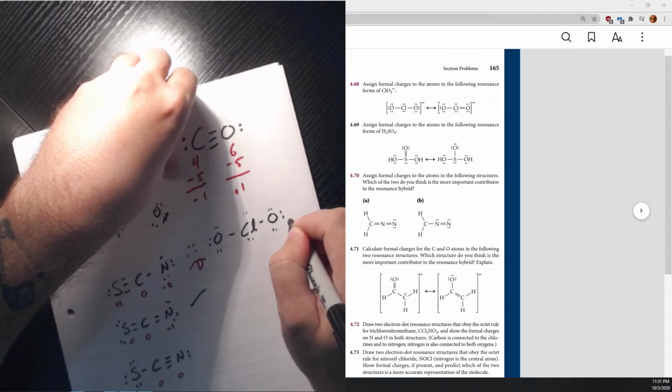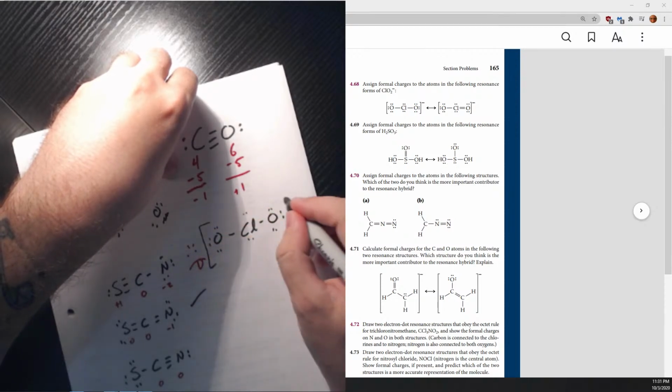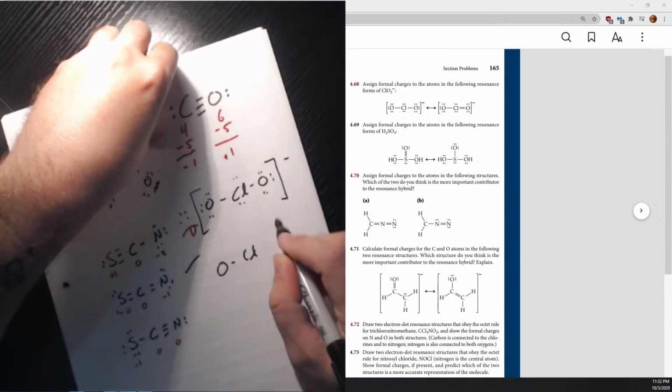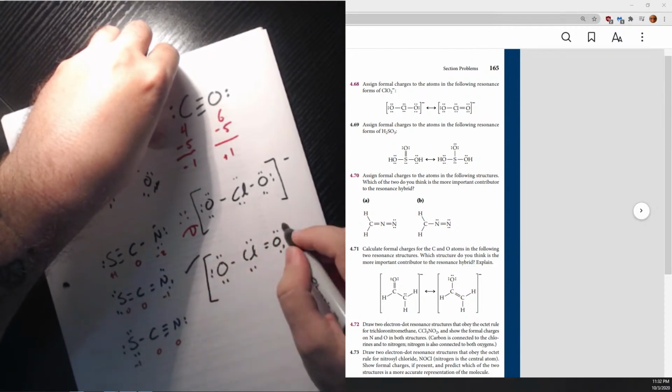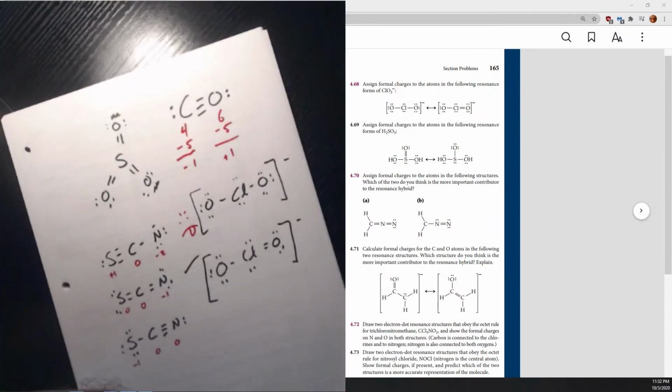Okay. And then we have chlorine bound to the oxygens like this. Chlorine is in the 3rd row, so it can go beyond the full octet, so it can do this. I believe this lower structure is going to be the one that's happier.